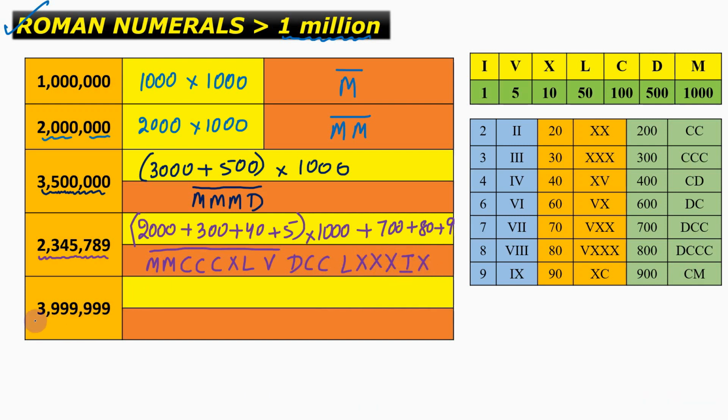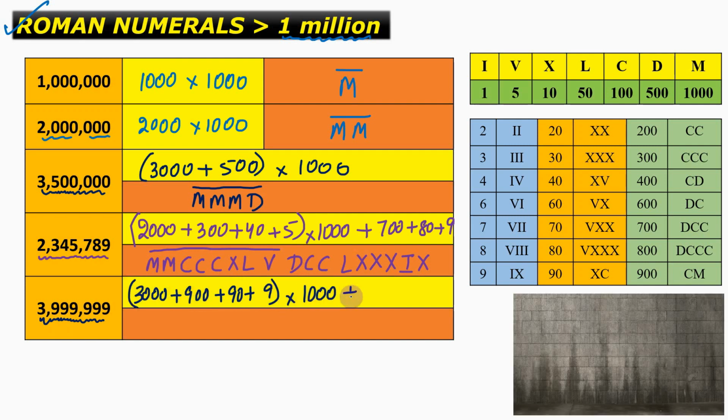And now let us move on to the next question, that is 3,999,999. So this is 3000 plus 900 plus 90 plus 9 into 1000 plus 900 plus 90 plus 9.